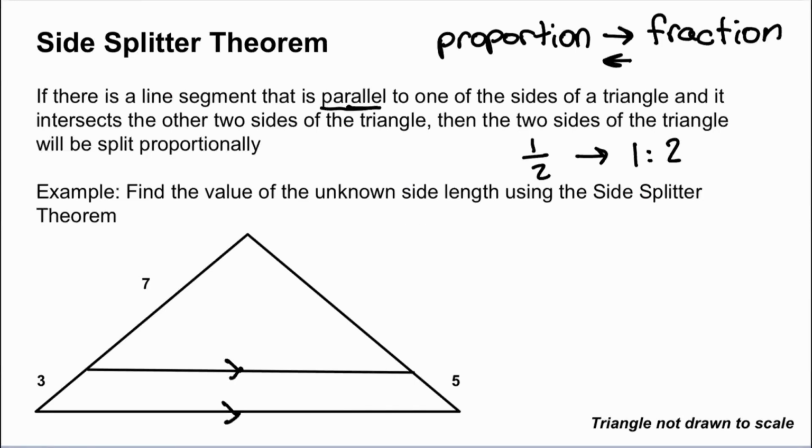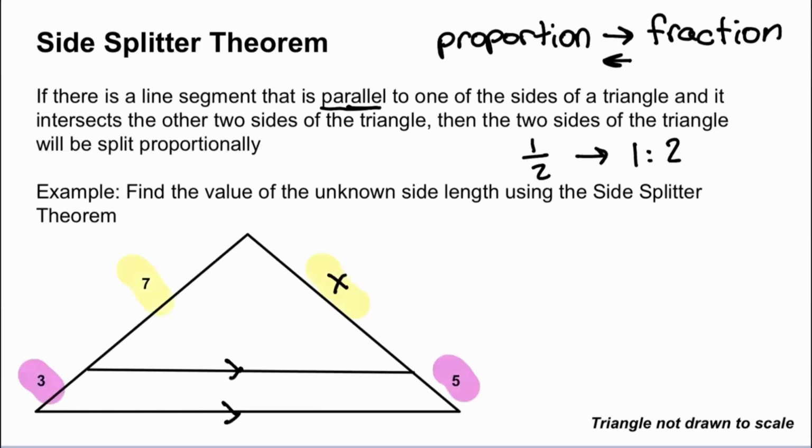When looking at this triangle, we see that we have this small area right here, and we have some big area, and we're trying to find this unknown x. This 3 and 5 pertain to our small area, and this 7 and the unknown x pertain to our big area.